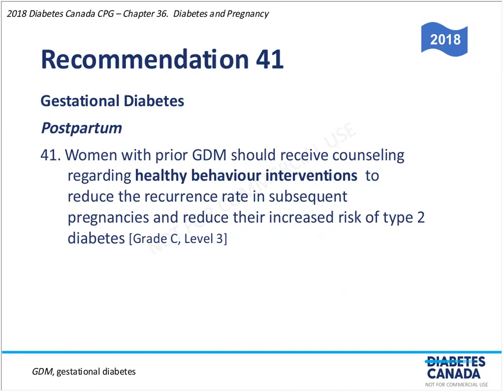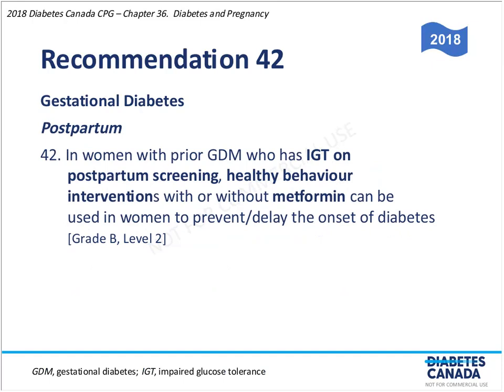Of course, the importance of maintaining a healthy body weight prior to the next pregnancy to avoid GDM the next time. And I think we can probably leave it at that.